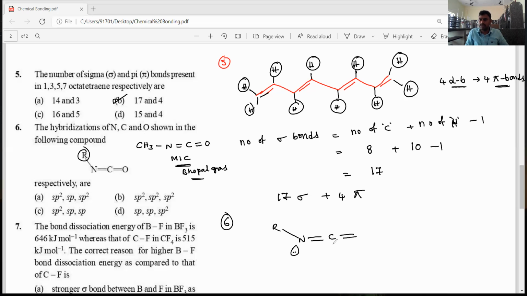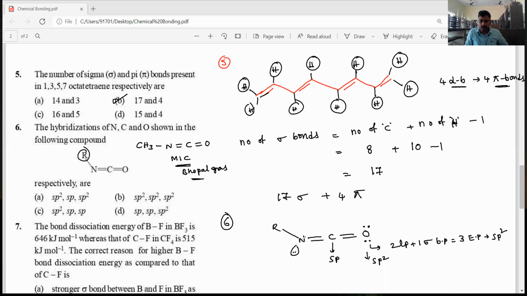We know very well that a carbon atom with all single bonds means sp3 hybridization. 1 double bond present means sp2. 1 triple bond or 2 double bonds present, then its hybridization is sp. Its hybridization is sp, and this oxygen atom has 2 lone pairs plus 1 sigma bond pair. Total 3 electron pairs. The 3 electron pairs means its hybridization is sp2. So its hybridization is sp2.